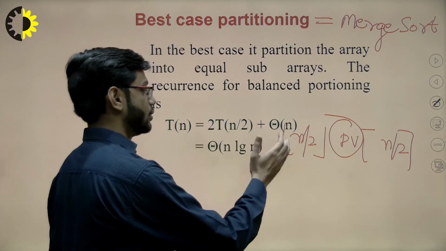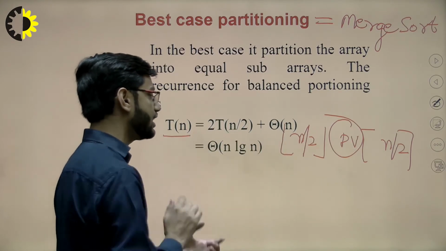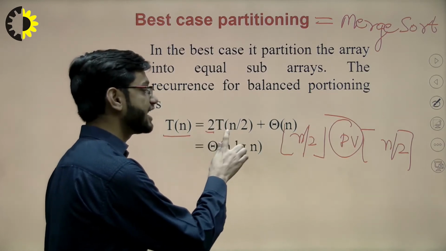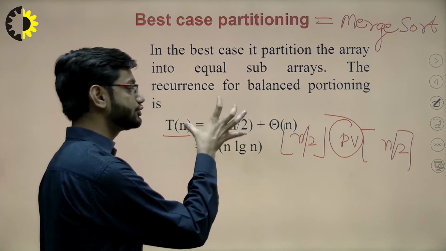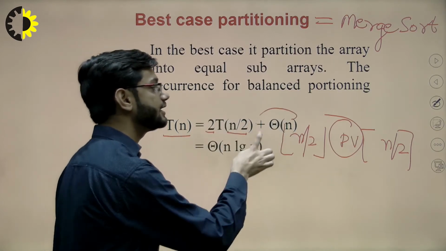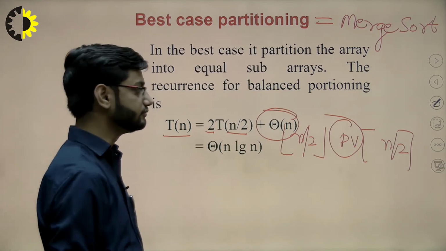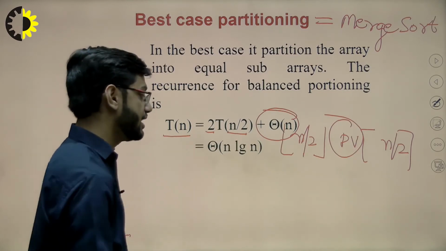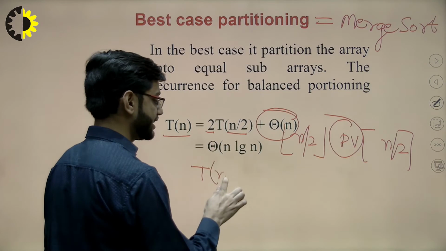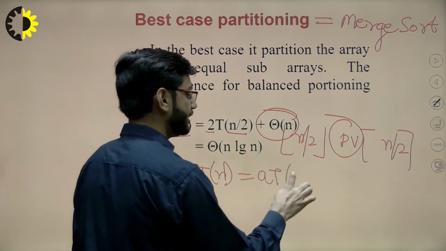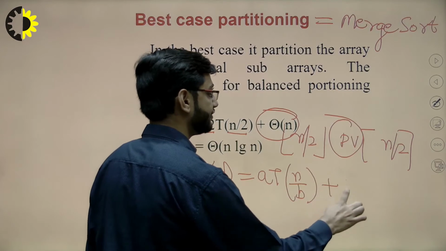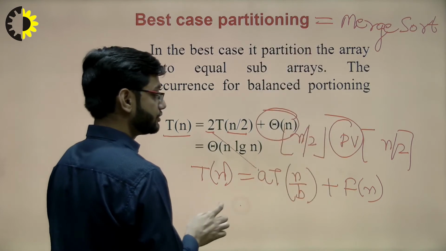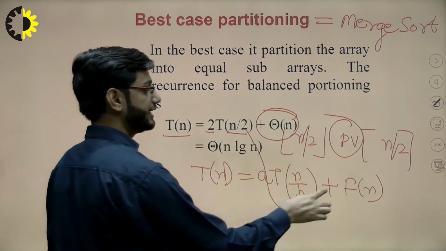So in this case, we have partitioned the input problem of size n into two sub problems of size n by 2, and combining the solutions of these two sub problems takes theta of n time. If I solve this recursive formula using Master's theorem and compare it with the formula aT(n/b) plus f(n), the value of a will be 2, the value of b will be 2, and f(n) will be n.